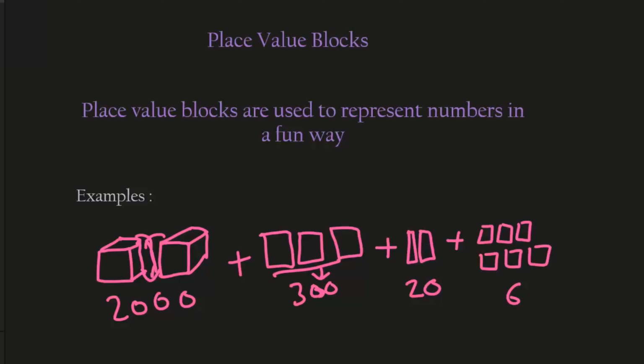These rectangles each count as 10, so both of them combined equals 20. And finally, the tiny squares count as 1 each. So all of them combined equals 6.